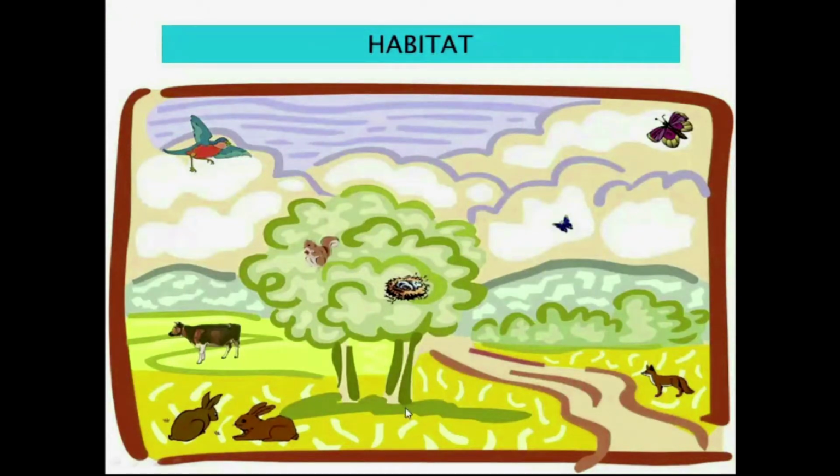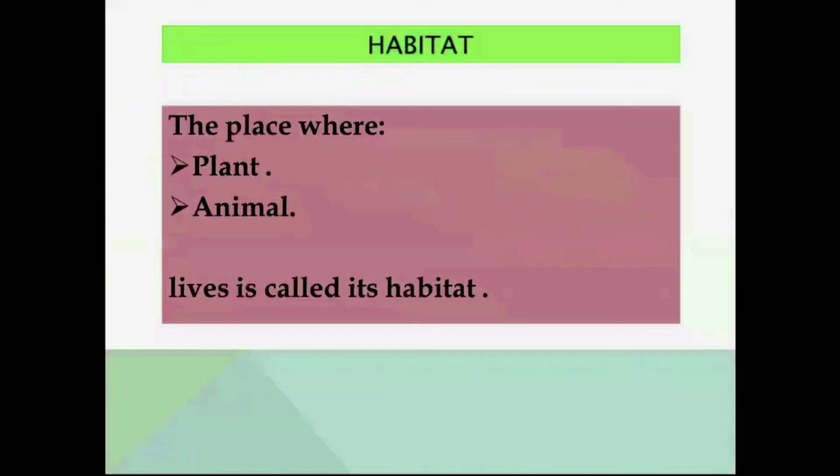Same is with the plant. This tree is on the ground. This is not in the air. It means what's the habitat of this tree? This ground is its habitat. This soil is what? Its habitat. Every animal and every plant has a different habitat. We need to know what a habitat is.